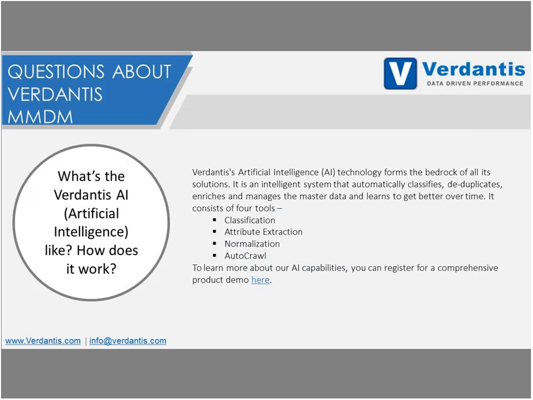So what is the Verdantis AI, the artificial intelligence, and how does it work? Artificial intelligence for us forms the bedrock of our solutions. We define artificial intelligence as an environment that learns by example and is not rules-based.